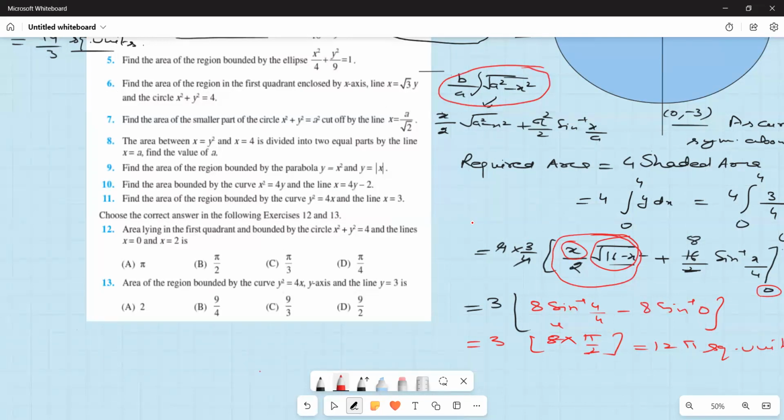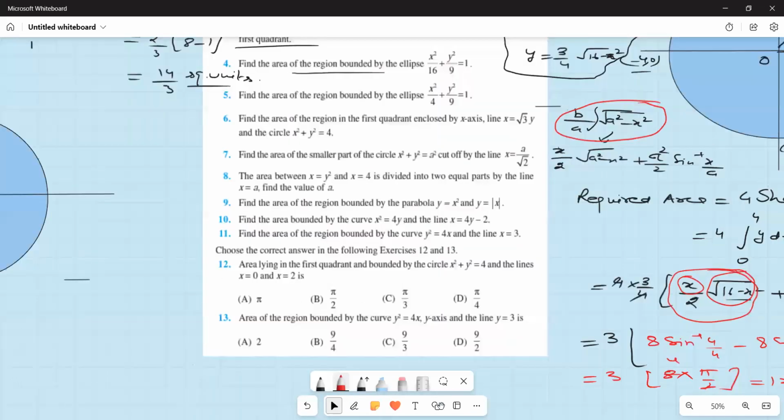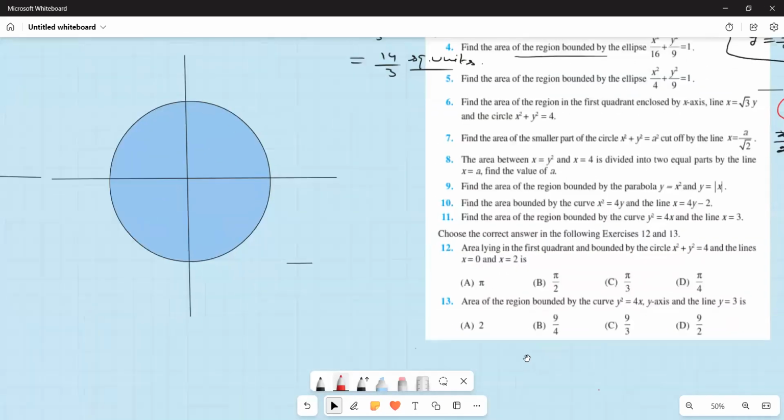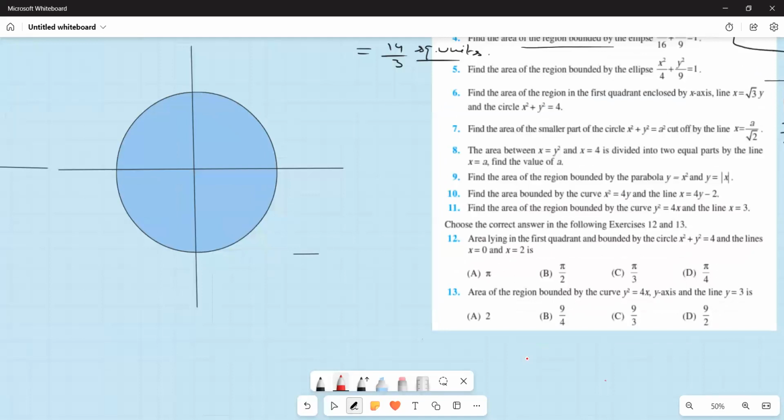Next question is, find the area of the region in the first quadrant enclosed by the x-axis, the circle x square plus y square is equal to 4, means radius is 2. So this is 2, 0. This is minus 2, 0. This is 0, 2. This is 0, minus 2.